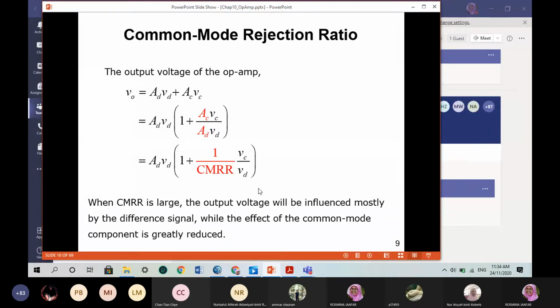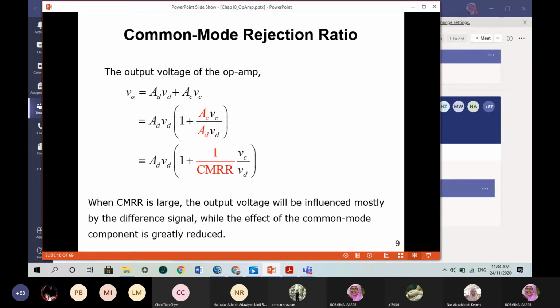So if you are given a data sheet that states the common mode rejection ratio value, you can calculate your Vo if you have your differential gain, and you can test the performance of the op-amp.